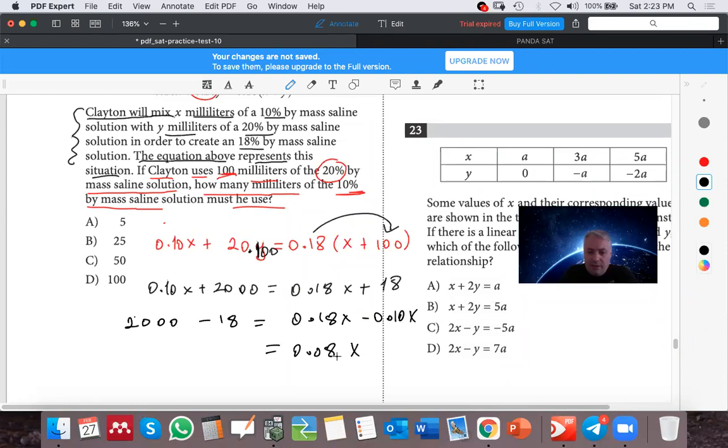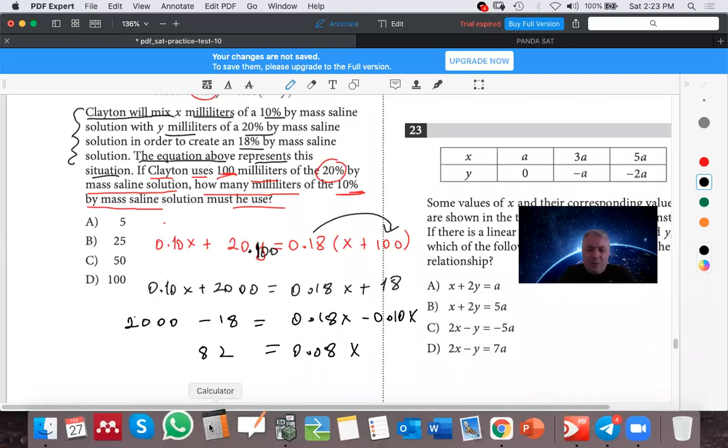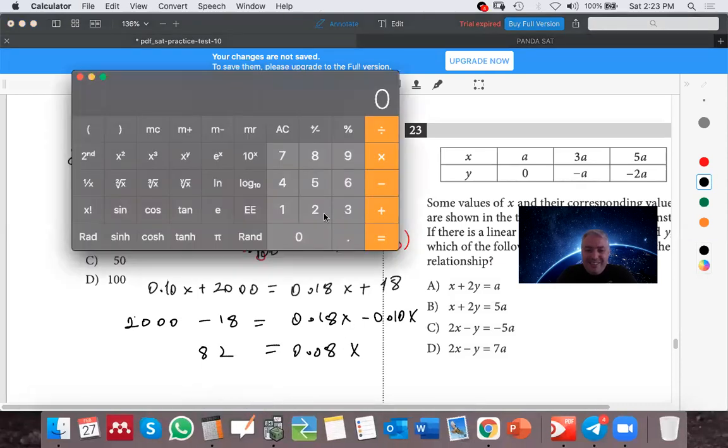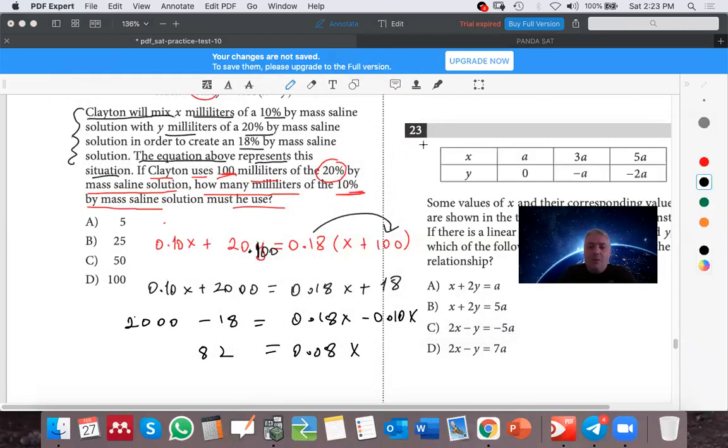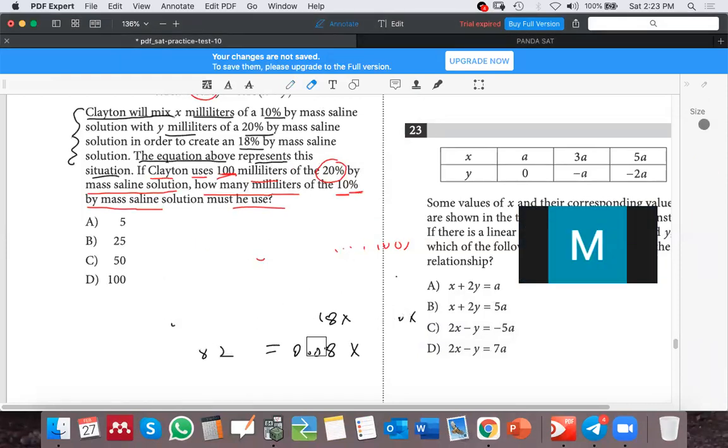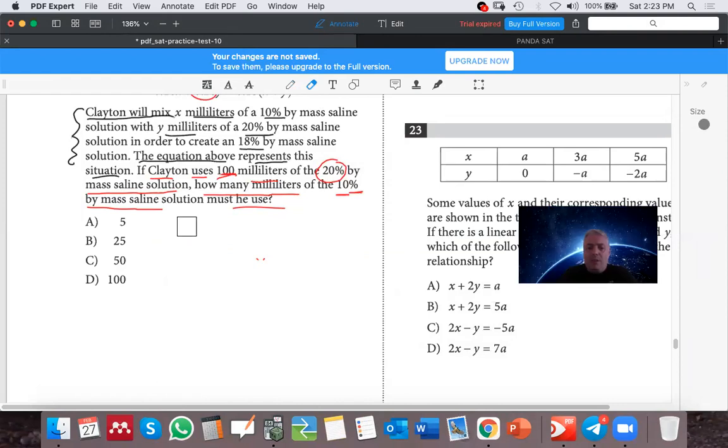Is this right? We can use a calculator, by the way. Let me use the calculator. So 2000 minus 18 and divided by 0.08. Why is it 2000? It should be 200, I guess. Maybe, let me check one more time. No, it's 20 multiplied by 100. It's correct.